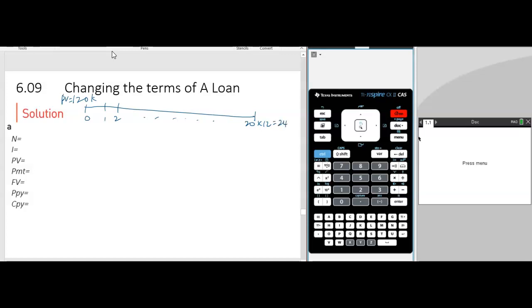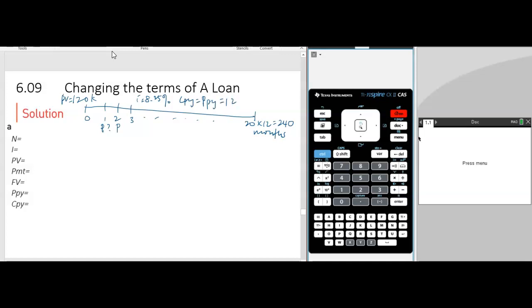So it's 240 months. And they want to find the payment. And the interest rate will be 8.25%. CPY equals PPY equals 12.